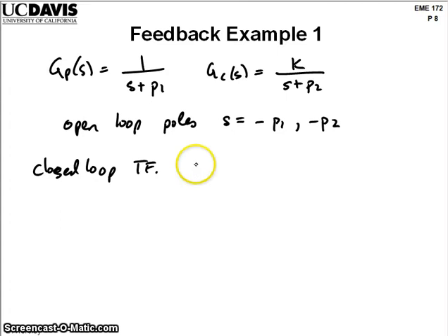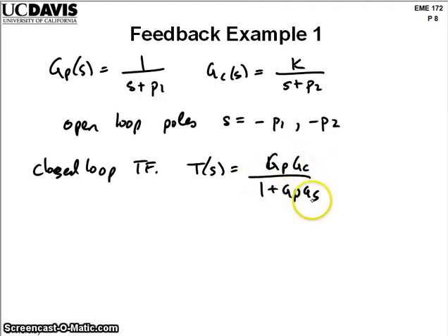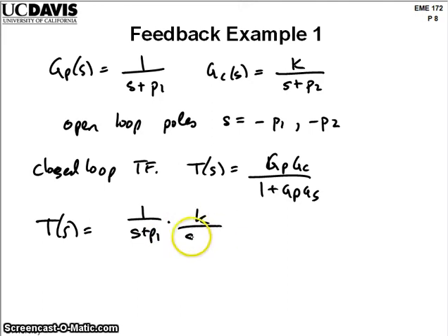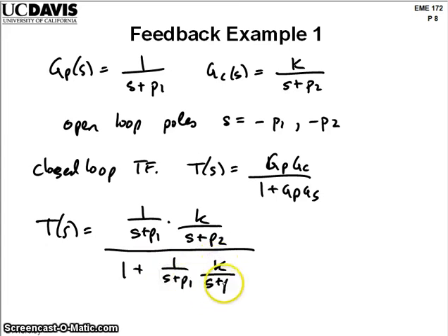The closed loop transfer function, which I'll call T of S, is GP GC over 1 plus GP GC, and I'm going to skip the S's for now. T of S is 1 over S plus P1 times K over S plus P2, divided by 1 plus 1 over S plus P1 times K over S plus P2.